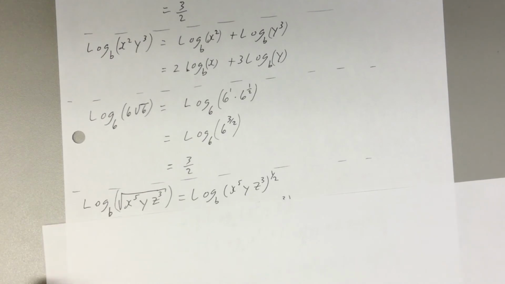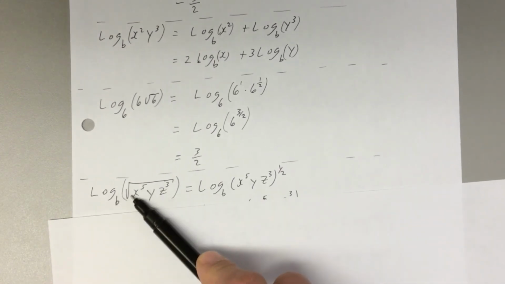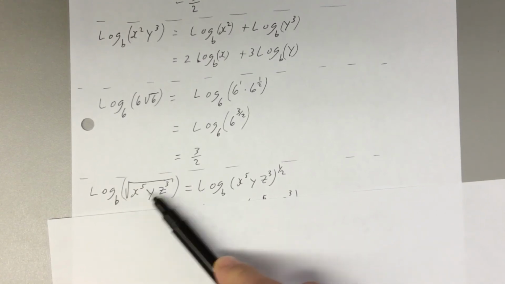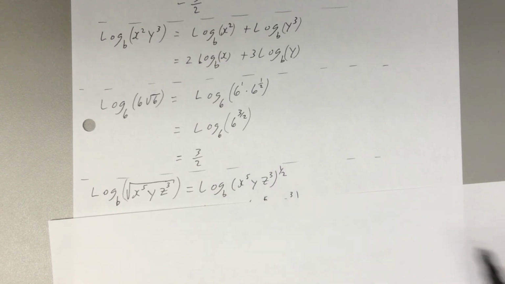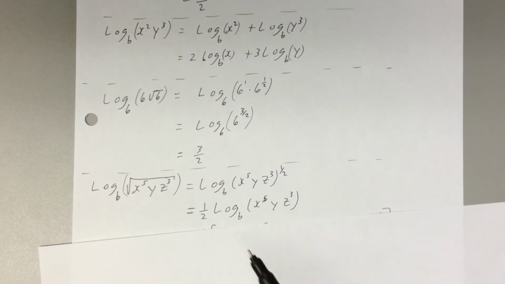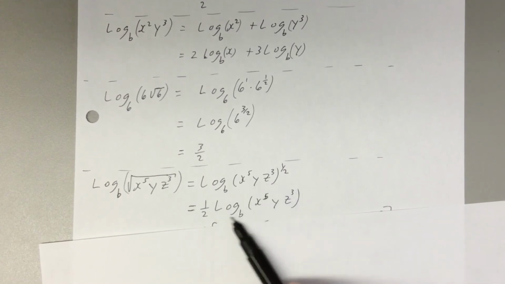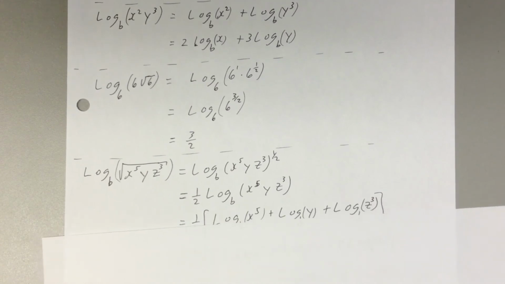And here's a little more complicated one, log base b of the root of this expression. Well, the root means exponent 1/2, so you can replace that. And then you can use our power law and bring the 1/2 down. Now we can break this up into a sum of 3 things using the product to a sum rule.